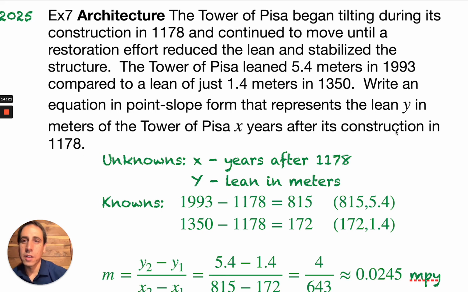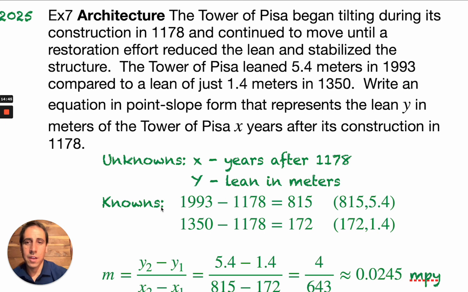Write an equation in point slope form that represents the lean y in meters of the Tower of Pisa x years after its construction, 1178. All right, so here's what we don't know. We don't know x, we don't know y, but it's very important to write it down and make sure we're clear about things. x is years after 1178, and y is lean in meters.